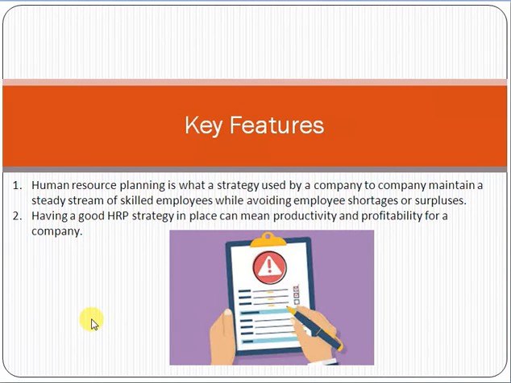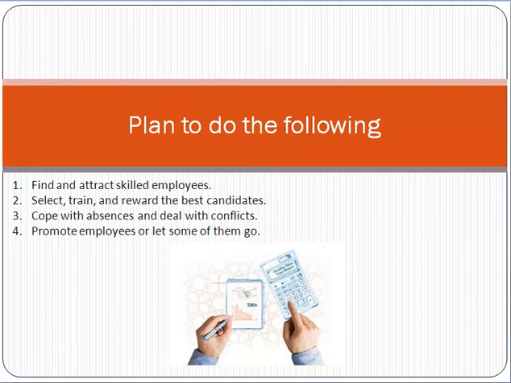So in terms of productivity, utilization, and profitability, the human resource plan can be very helpful to give you this knowledge, because it will tell you about the utilization of resources, either a shortage or a surplus of resources. Plan to do the following.